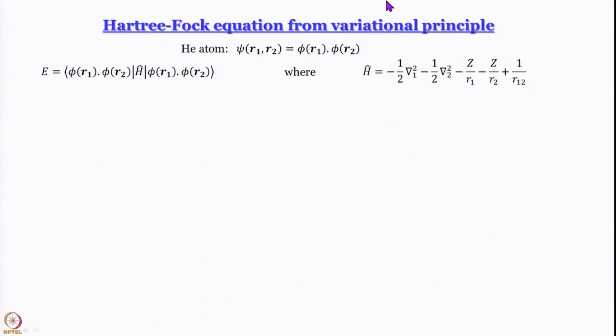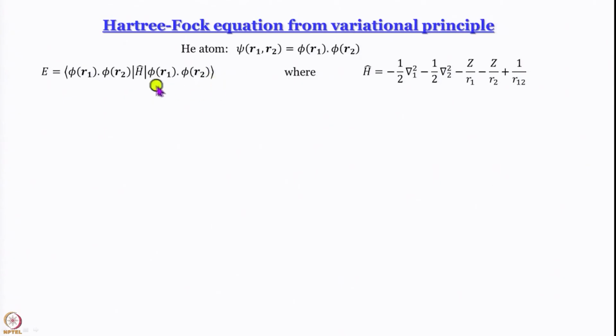Okay. What is the first term? Integral phi r1 phi r2, left multiplying minus half del 1 square operating on phi r1 phi r2. Okay. What happens when this minus half del 1 square operates on the product phi of r1 phi of r2?